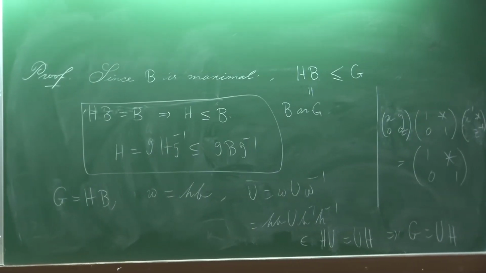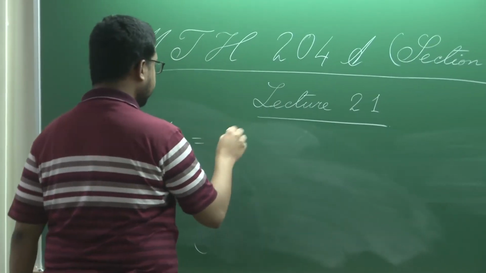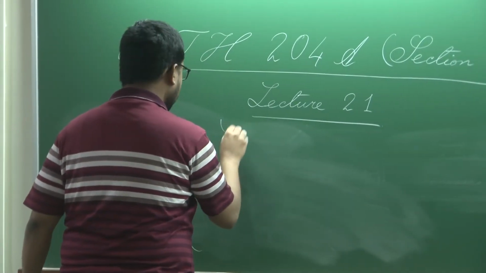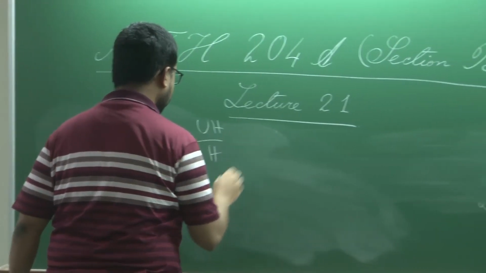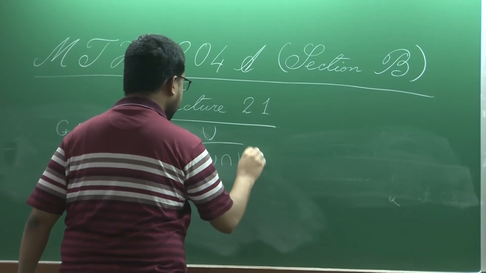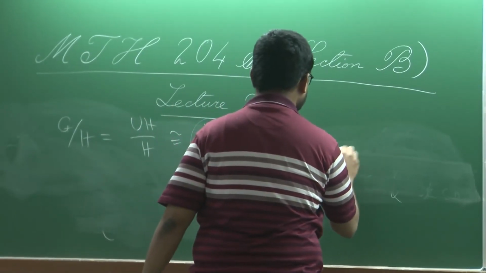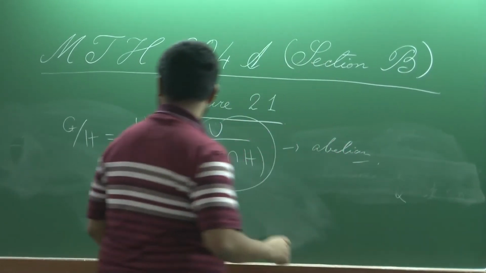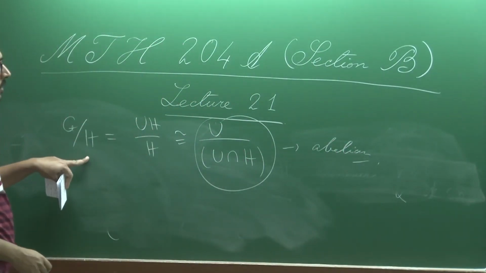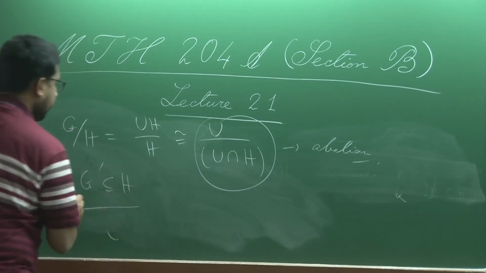Once that is there, G modulo H is UH modulo H, which is isomorphic to U modulo U intersection H, but U is abelian. Therefore, this is an abelian group. Therefore, G modulo H is abelian, hence G prime must be contained in H.